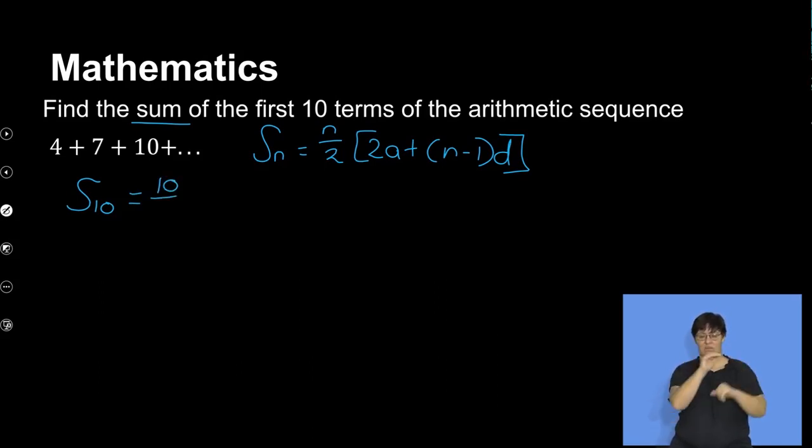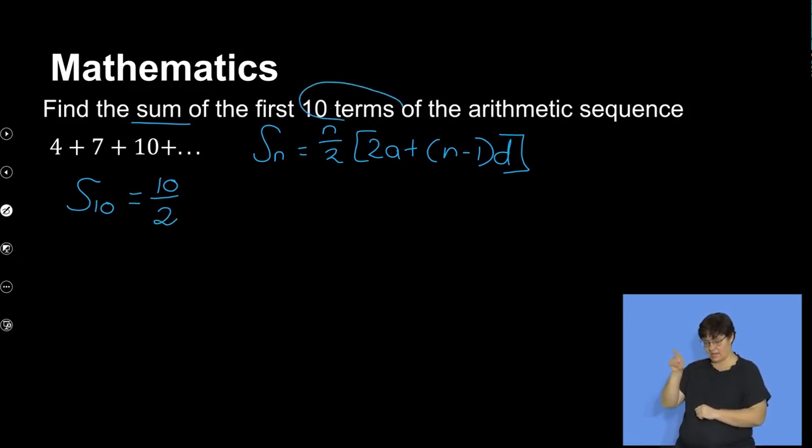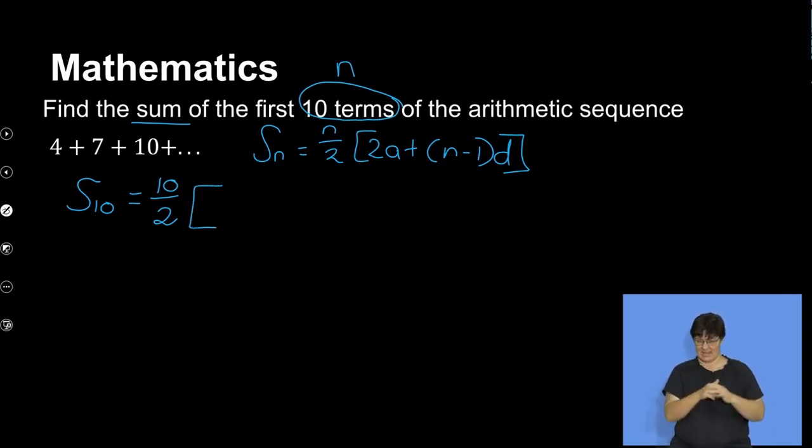Why am I substituting in 10 for n? I've been told that the first 10 terms need to be added together. So n is equal to 10. I now need to substitute in 2a. A is a value of 4, so it's going to be 2 times 4.